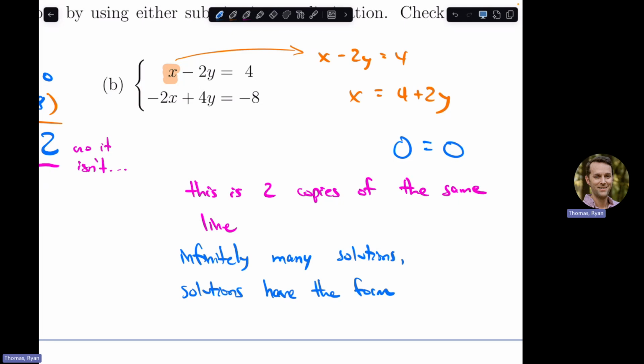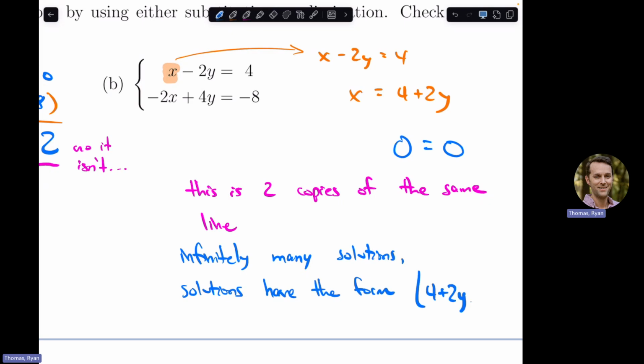So solutions all look like, for example, that. If I say, hey, I want a point on this line, you can pick your favorite y value, like, I want y to be 7. Okay, well, if y is 7, then the x that goes with it needs to be 14 plus 4, which is 18, so 18 comma 7 is a point on that line.